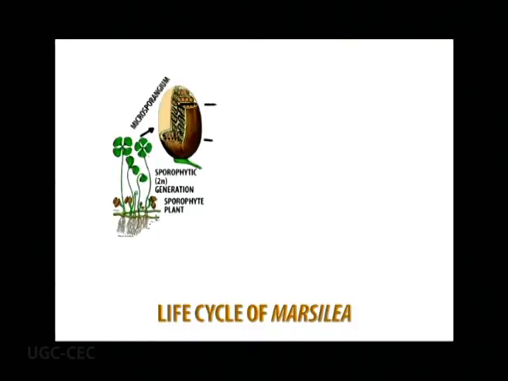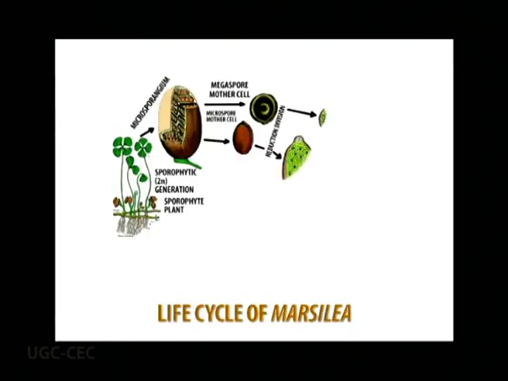These spore carps bear two kinds of spores which are formed after meiosis. Hence, they are also called haploid meiospores. The smaller spores are known as microspores. They are produced within microsporangia, while the larger spores are known as megaspores, which are formed in megasporangia. The microspores and megaspores germinate separately to produce male and female gametophytes.